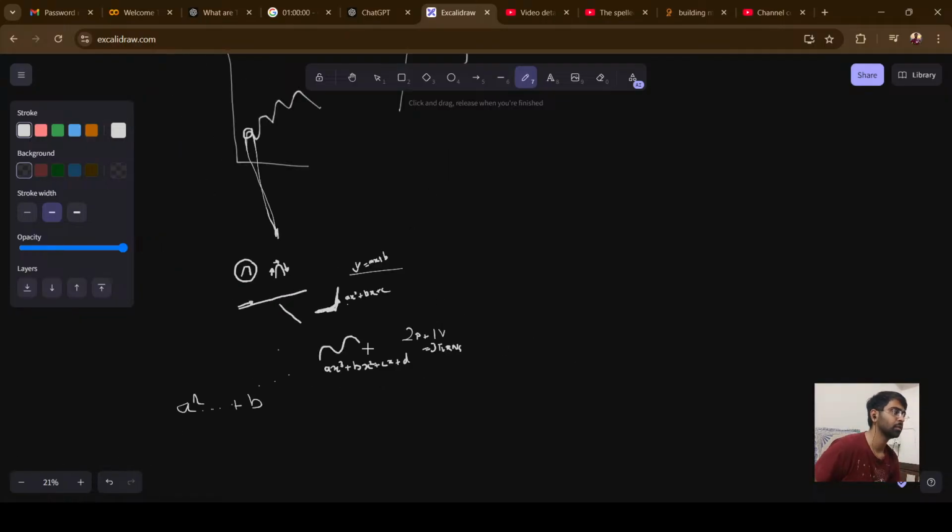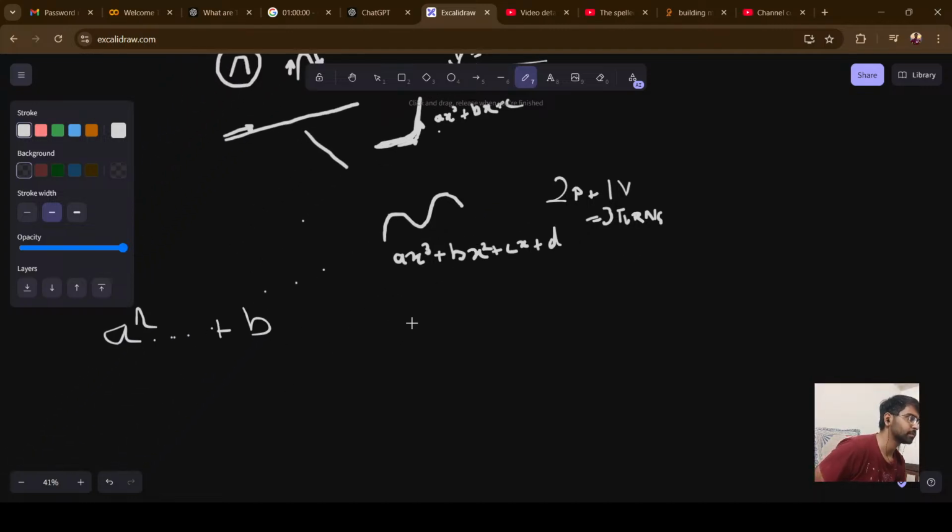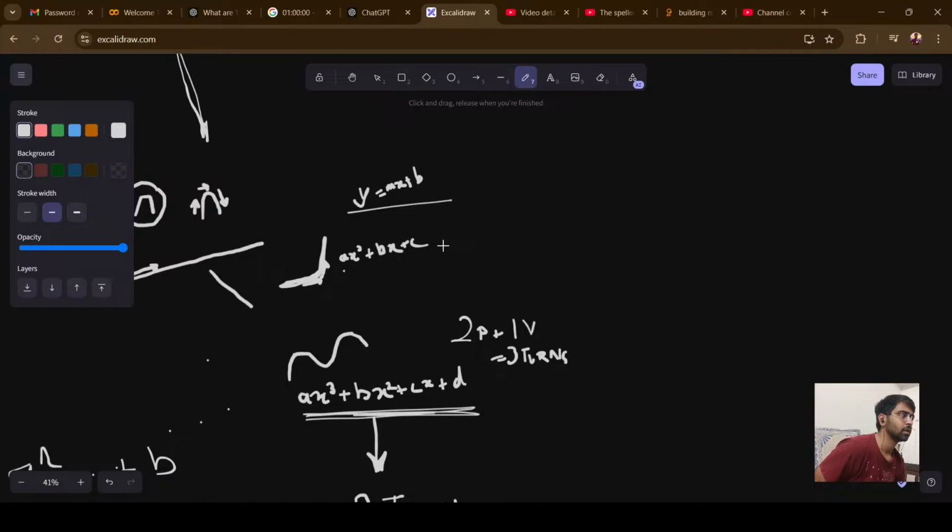So the question I had is, why does this equation have three peaks, three turns, and why does this equation have one turn?